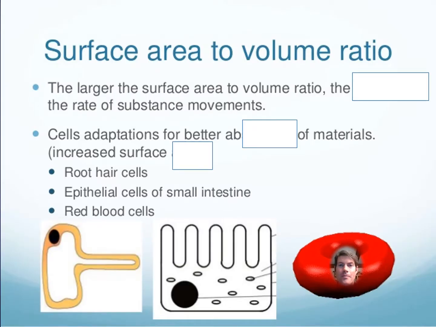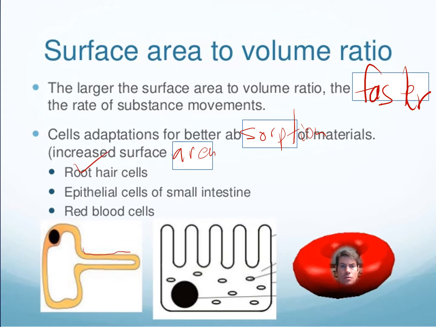So the larger the surface area to volume ratio, the faster the rate the substance will move into and out of the cell. And we see some adaptations for better absorption of materials. Increased surface area, basically. So, root hair cells.